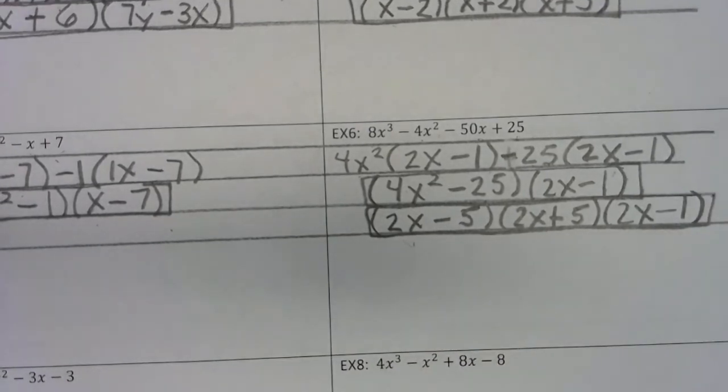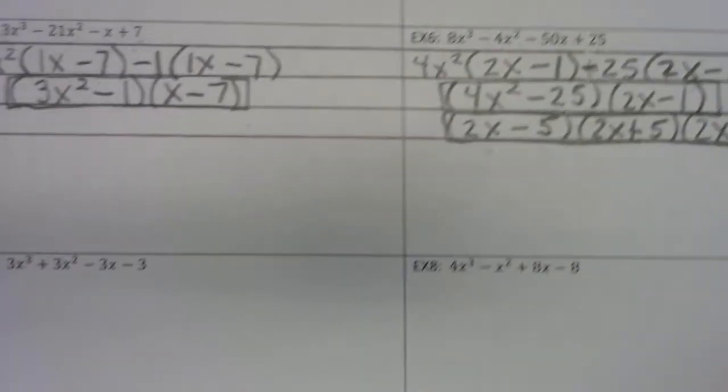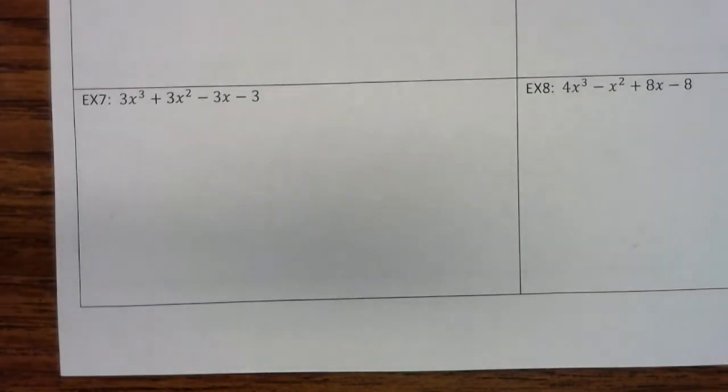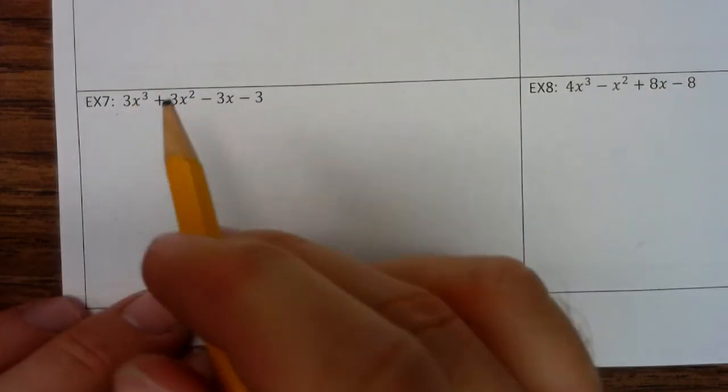All right, let's take a look at example 7. Group terms, they're grouped, and then factor common monomial. Here, these are both 3, so we're going to factor out 3. But before we do that, draw some lines.